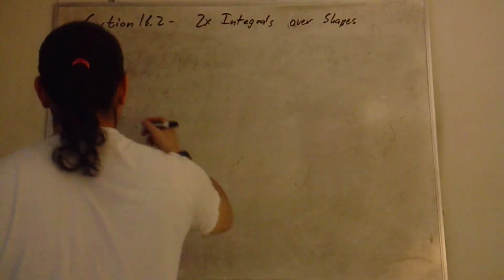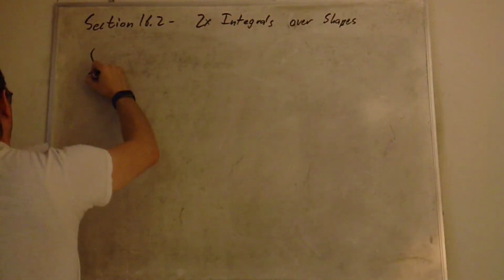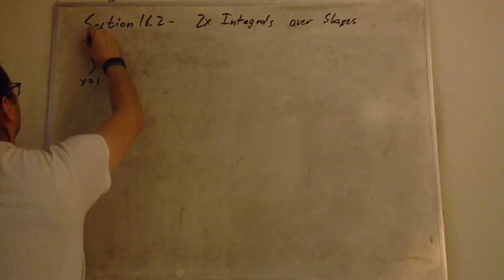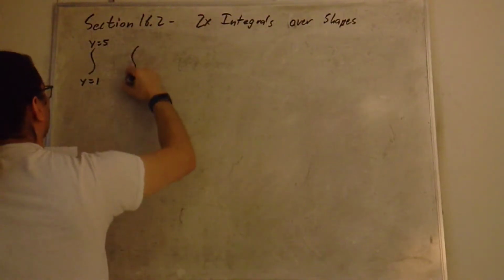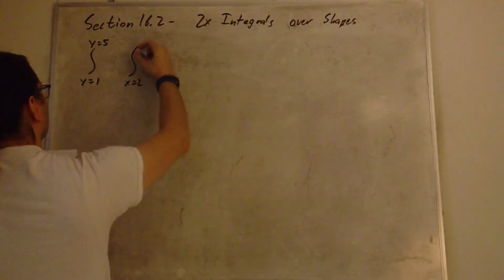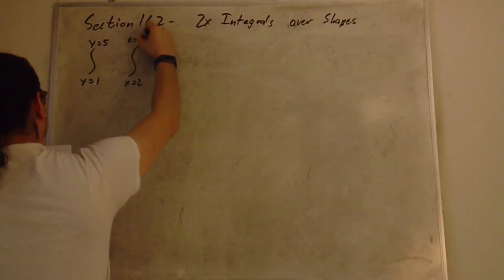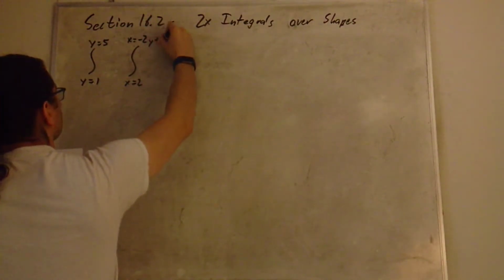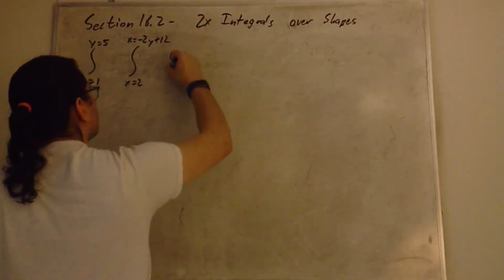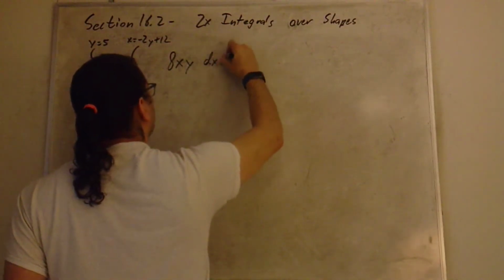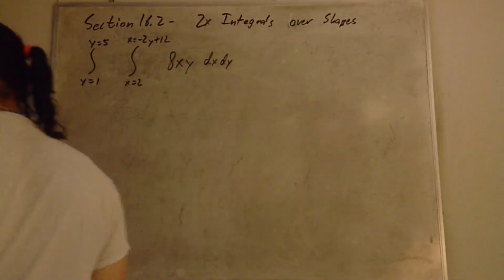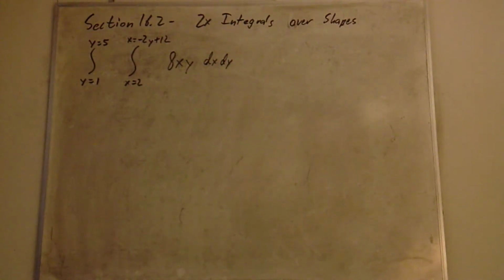The other integral was y goes from 1 to 5, x goes from 2 to negative 2y plus 12. We're still integrating the same function with respect to x first this time.